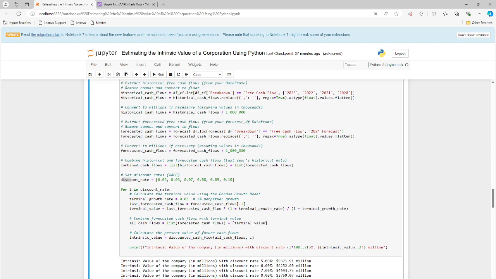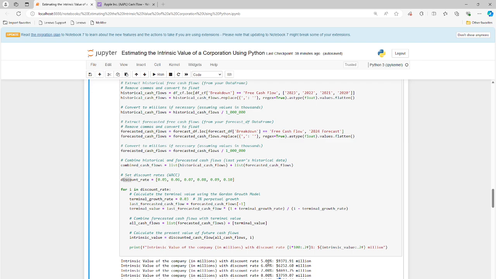I'm sorry, 2.6 billion. This isn't thousands, right? So you multiply by 1,000. And I think that's actually much closer to the market cap that we'll see. And even here, 3.1 billion, between 9 and 10, maybe 9.5%. I think that's very close to what the actual market cap is, and we'll see that in just a minute.